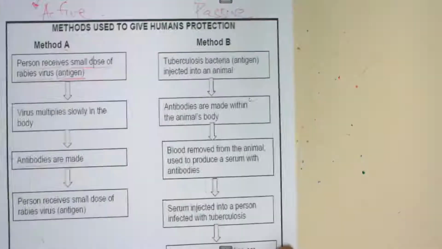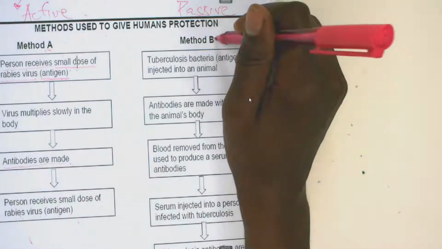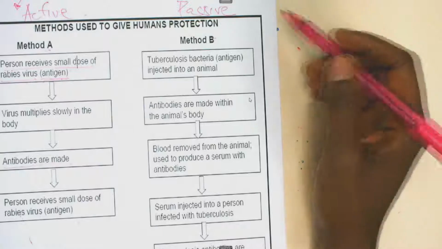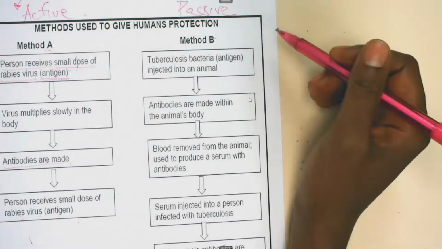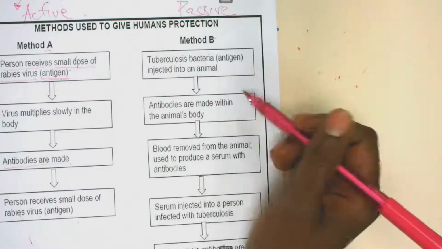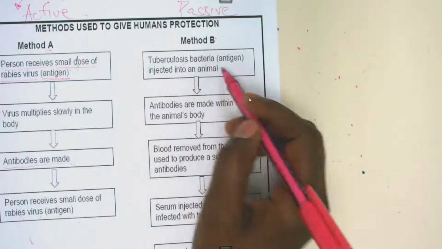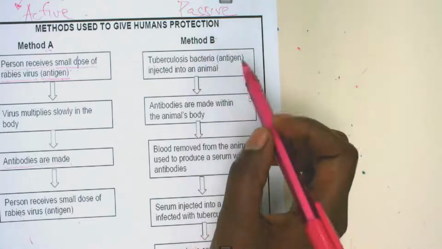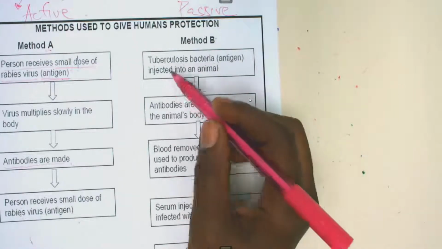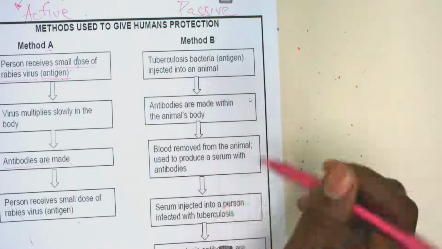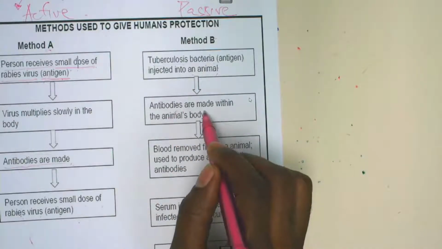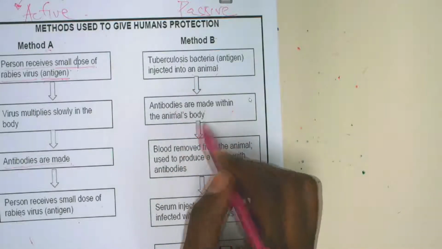But now with method B, this person has already been infected with the microbes or pathogens. So this is what happens. They have made use of TB in this example: tuberculosis antigen is injected into an animal, and antibodies are made within the animal's body.